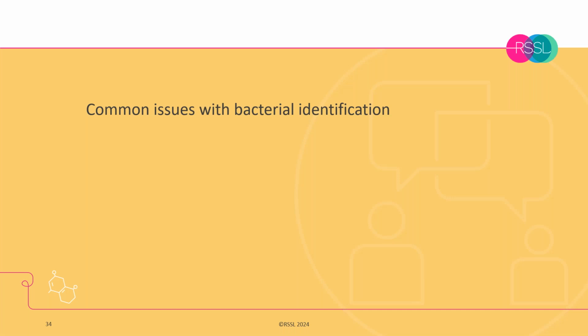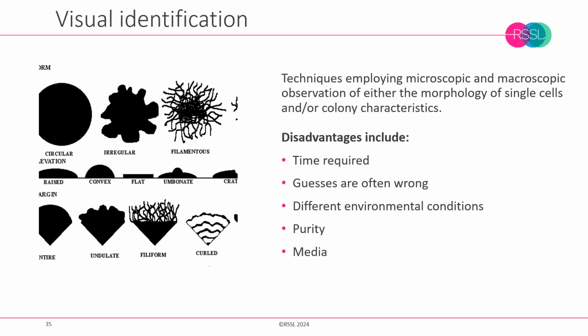So we now quickly look at some common issues with bacterial identification. So we have visual identification. There are some seasoned microbiologists who could pick up a plate and say, I can tell you exactly what that is. There are a few, but it's a diminishing number. So visual identification is time consuming.